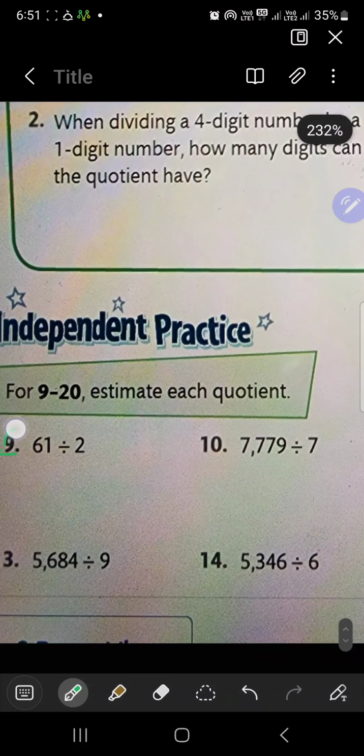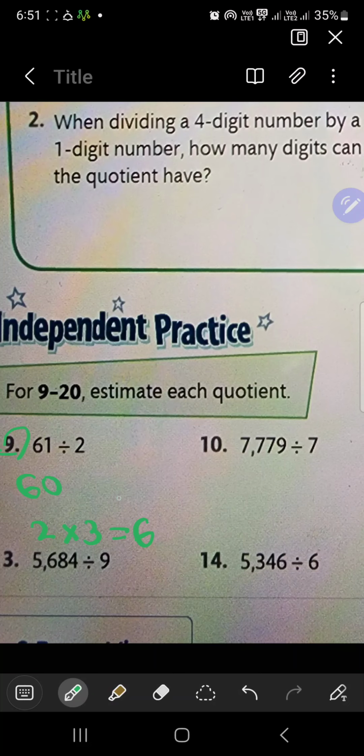Question 9. Question 9 says 61 divided by 2. The first thing that jumps to my mind is that 61 could be 60, using the fact that 2 times 3 equals 6.